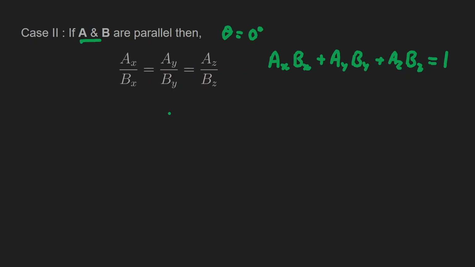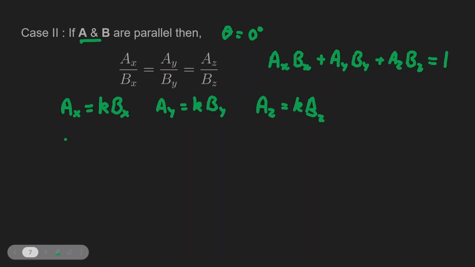So we can write ax as some scalar multiple of bx. Similarly, ay is some scalar multiple of by, and az is some scalar multiple of bz.